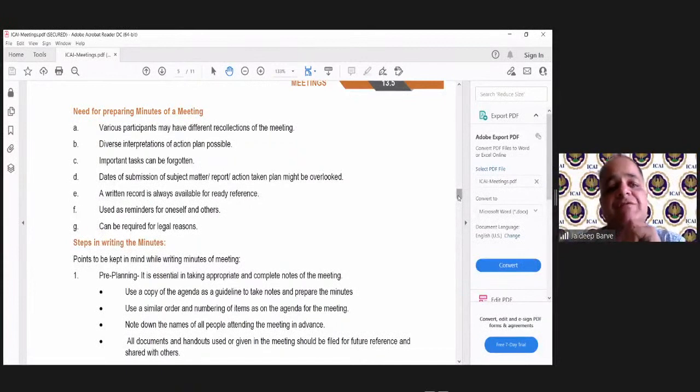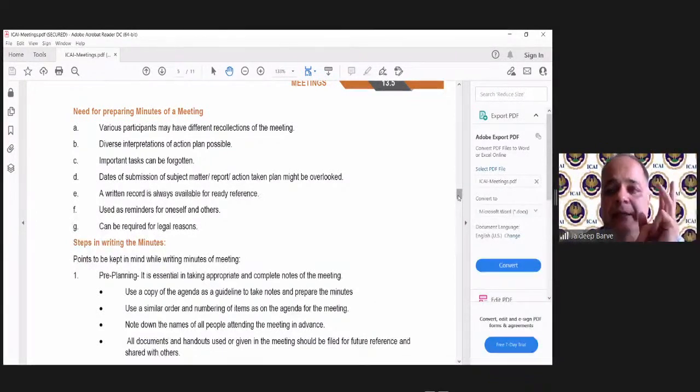Then dates of submission of the subject matter, report, action taken point, or plan might be overlooked. This is very important, because the objective of a meeting is to discuss, take decisions, and arrive at a conclusion. So what is the conclusion? Take some action. Who's going to take action? That person who's accountable.